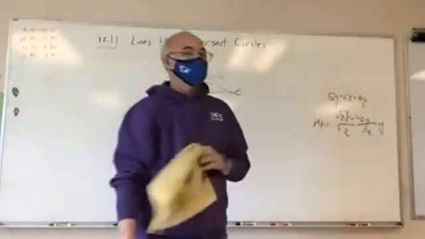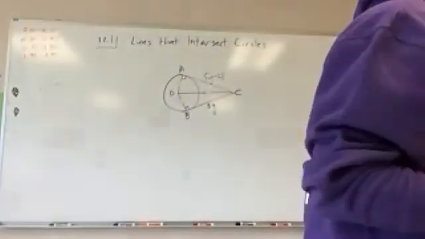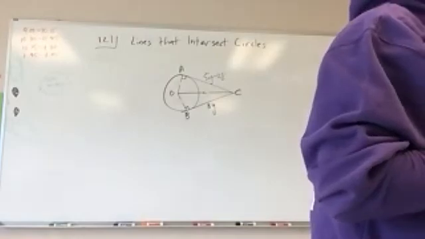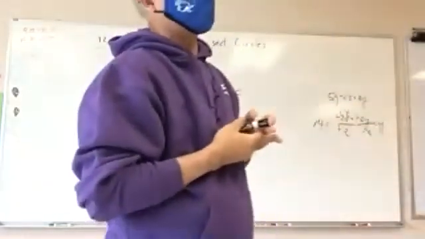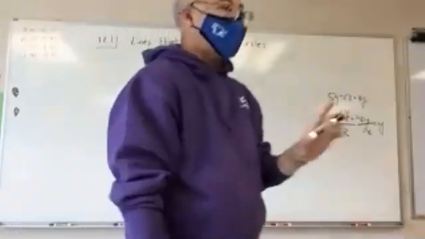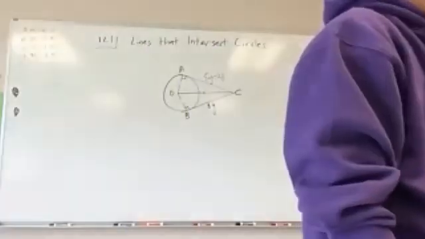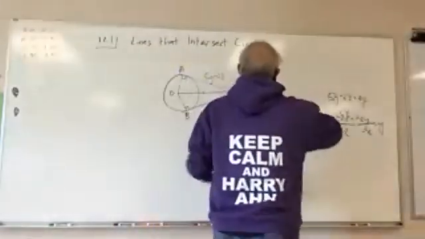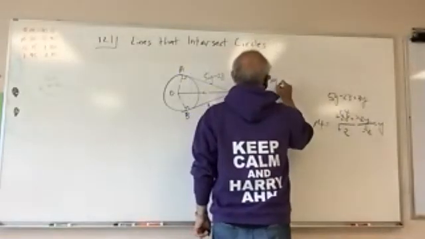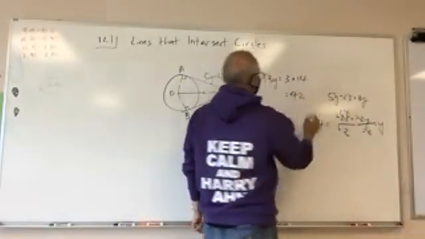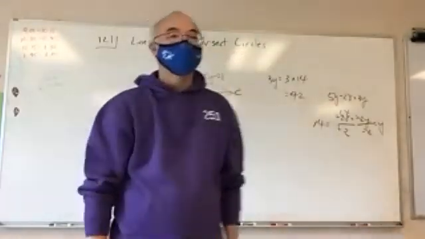Y is equal to 14. And then the question asks for the actual line, not just y. So you have to pay attention to what the question is asking. The question asks for the length of DF. The length of DF is 3y, so your answer is going to be 42.